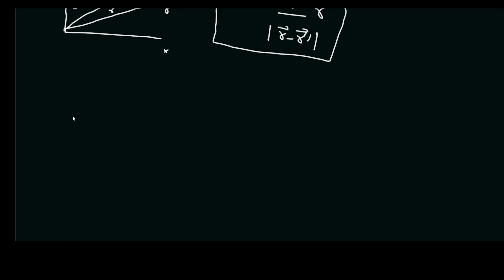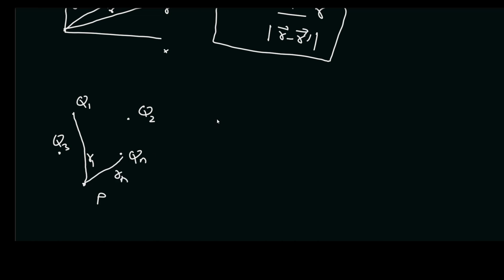Now what if we have more than one source charge? Let's say we have Q1, Q2, Q3 like this up to Qn, and we want to calculate the electric field at this point P. Now we can define the distance between P and Q1 as R1, similarly between P and Q2 as R2 and P and Qn as Rn.